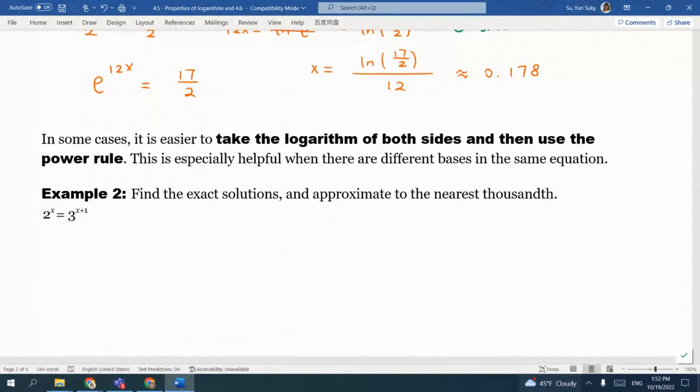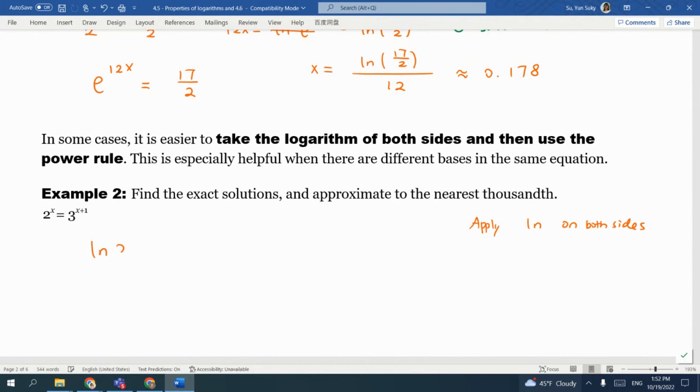So we apply log. In our previous problem, we applied ln because it was base e. But in this problem, this is base 2 and this is base 3. So let's just apply ln on both sides. Not base 2, not base 3, just ln.